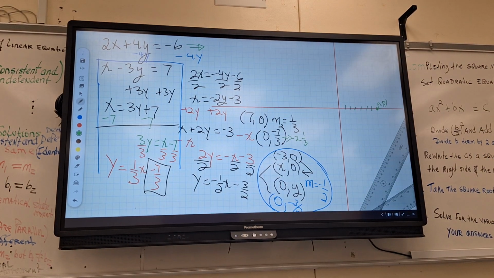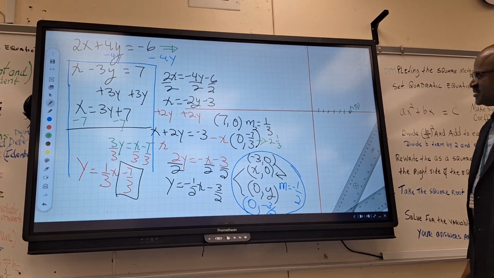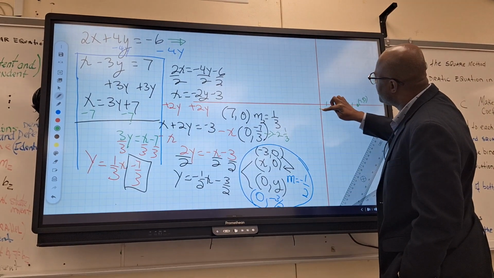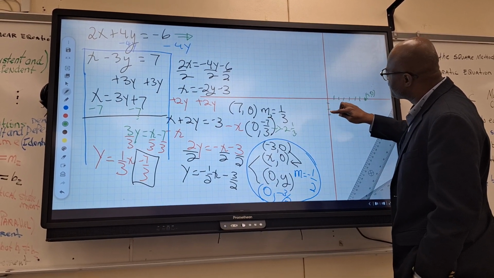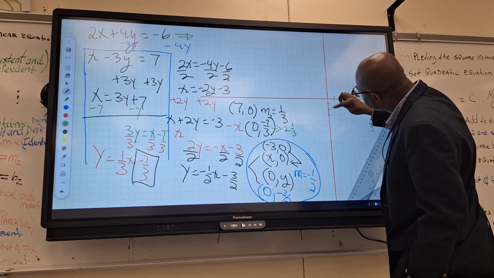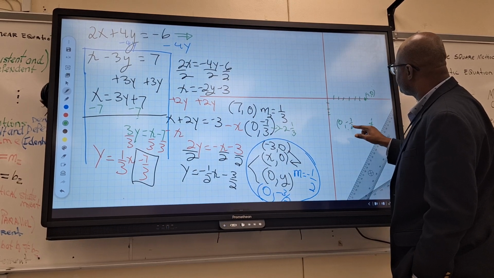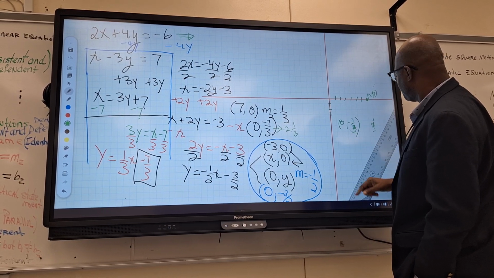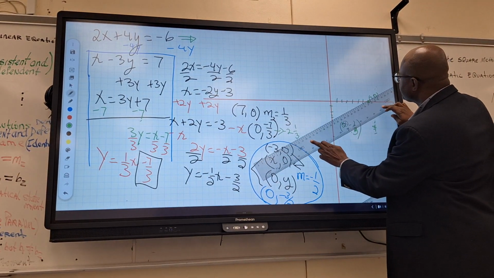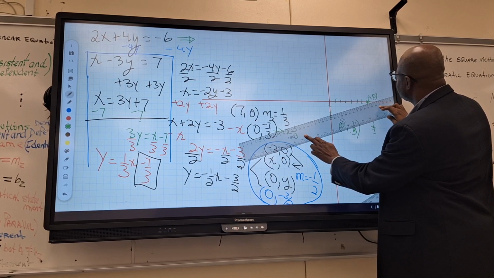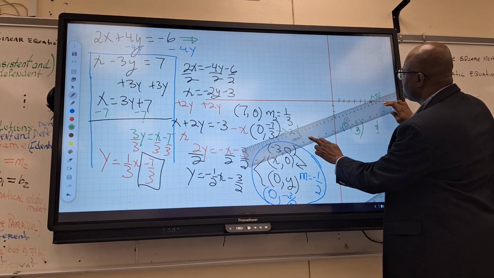And the other is 0, -7/3. So that will be -1, -2. That will be between -2 and -3. Close to -2 and 2/3, that will be closer to here. Right? That will be 0, -7/3. And you just need your ruler. Make sure that it touches those 2 points to the best of your ability.